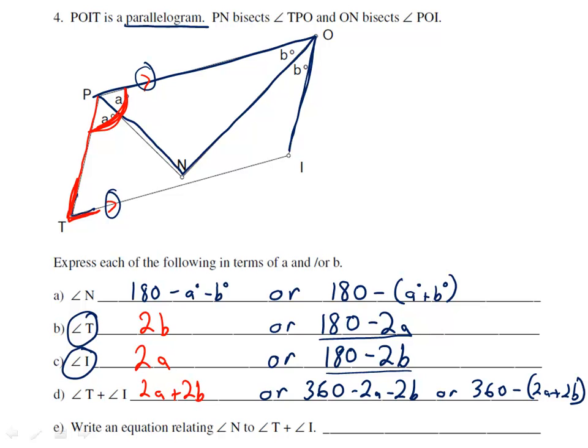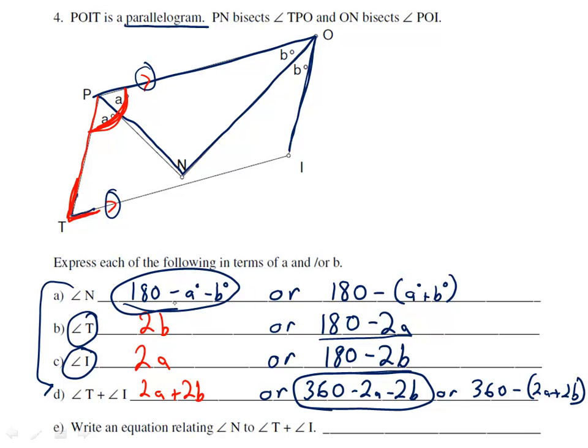Alright, so now it says write an equation relating angle N to angle T plus I. Well, you don't have to go searching. We've already figured out both these things. So let's compare them. What do you see when you compare our expression for angle N with our expression for angle T plus angle I?